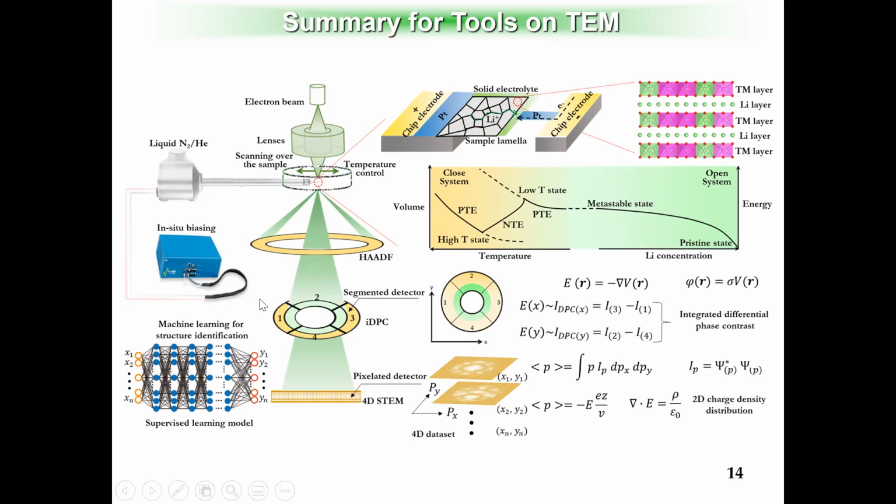But in this detector, you can actually capture the phase contrast. And the phase contrast can give you even more information than the intensity contrast, if you're familiar with those reciprocal transformations of the real image. And if you have a segmented detector, the more segmented, the more sections you have on one detector.